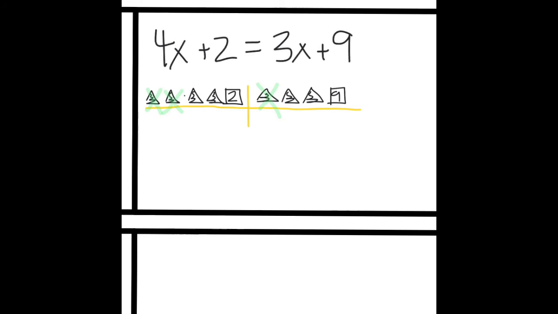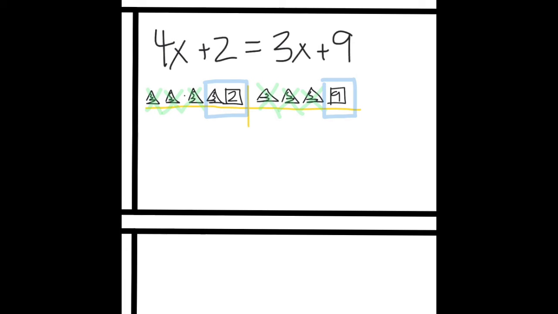Triangle off of the left, triangle off of the right, triangle off of the left, triangle off of the right. What I've got left now is a triangle and a 2 that must equal 9.